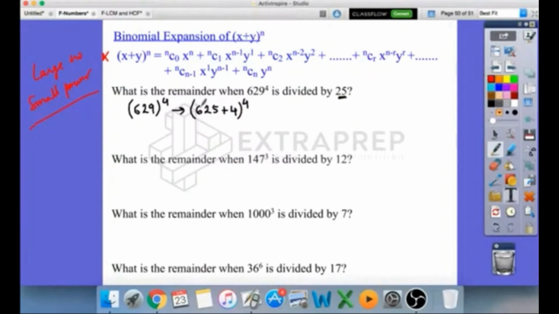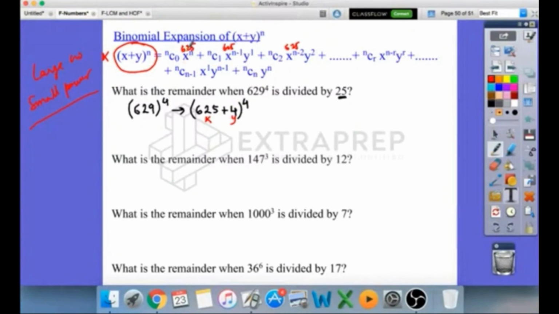Now if you compare, this is x and this is y. In this formula, we want the remainder. See, x is 625, right? So when you expand it according to the top formula, when you want to divide (625 plus 4) whole power n by 25, you'll have to divide each of these terms by 25.